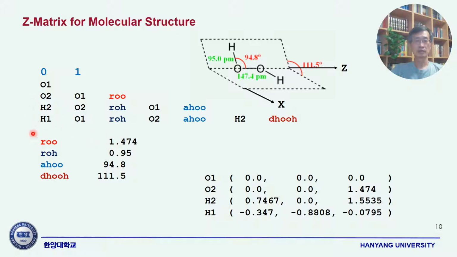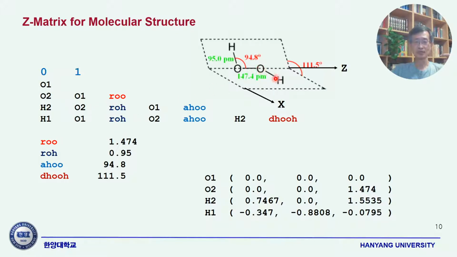And here you note that there is a blank line. Then H2 is bonded to O2, and the distance is ROH.